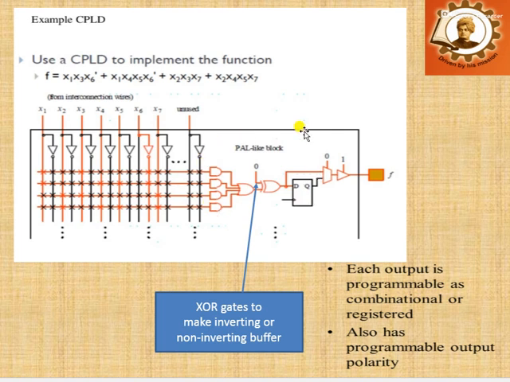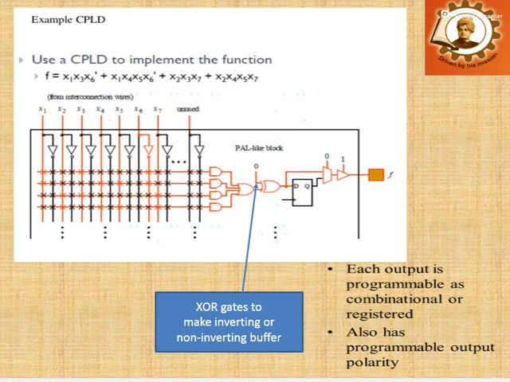Then there will be a flip-flop for the storage of your output. So each output is programmable as combinational, or it may be registered, or sequential, and it also has a programmable output polarity.